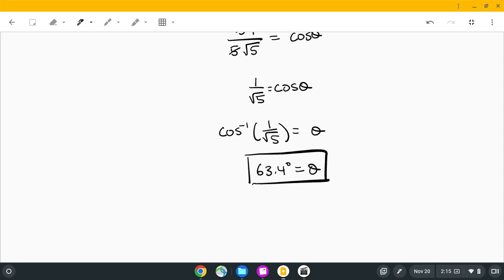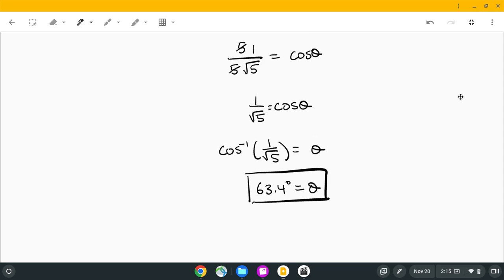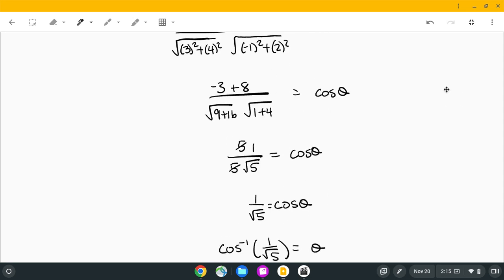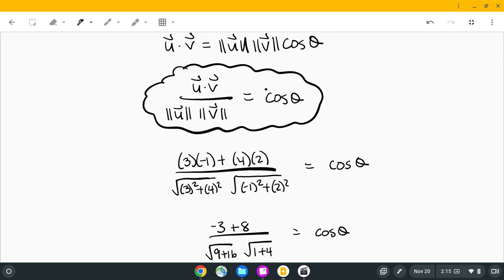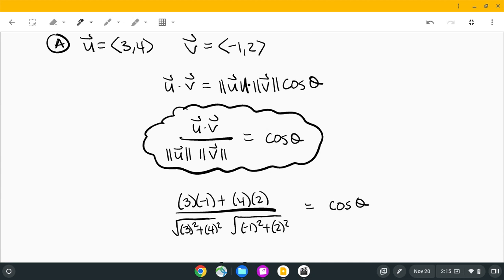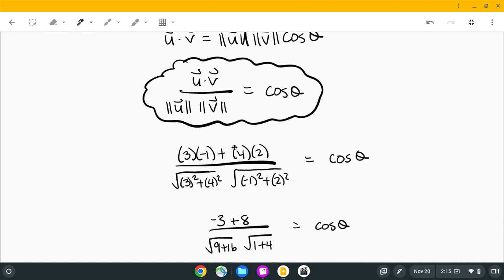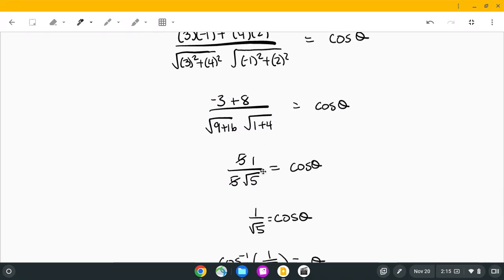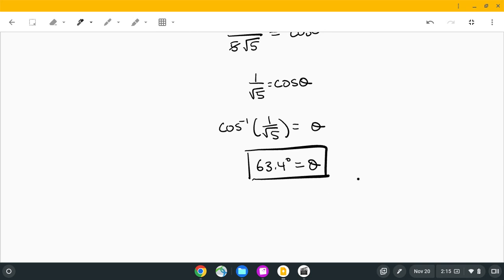Okay, so that's how you find the angle between two vectors. You just plug into the formula. This was the original formula. All I did was rewrite it so that I solve for cosine theta. That way I just do all my calculations on this side and then take the cosine inverse.